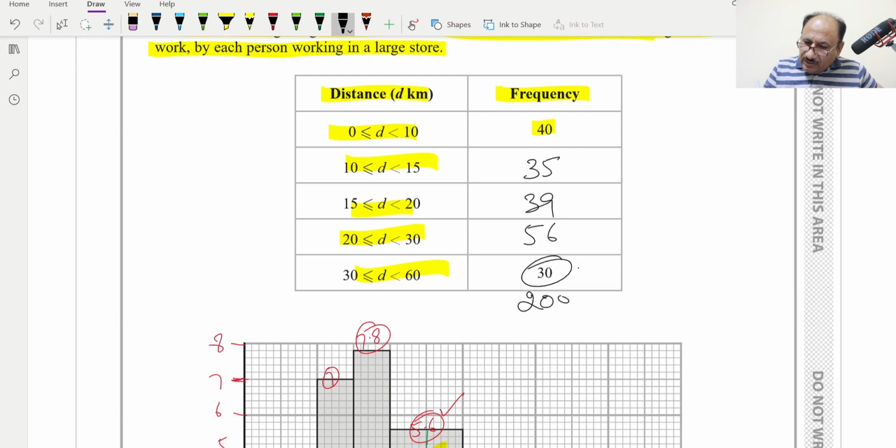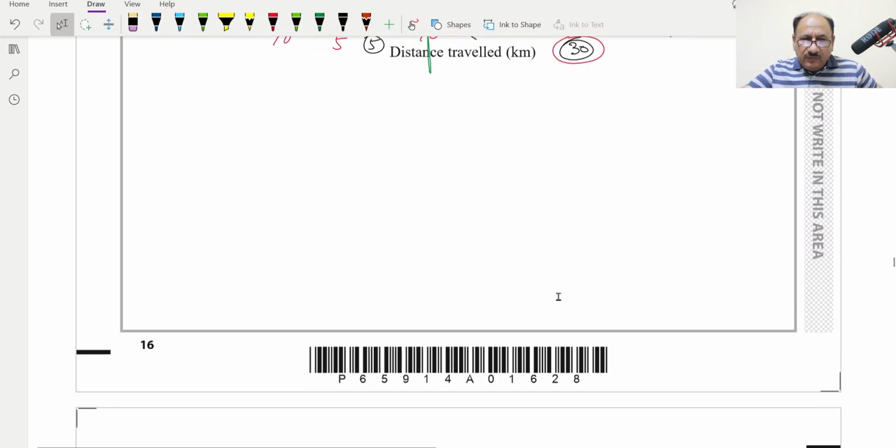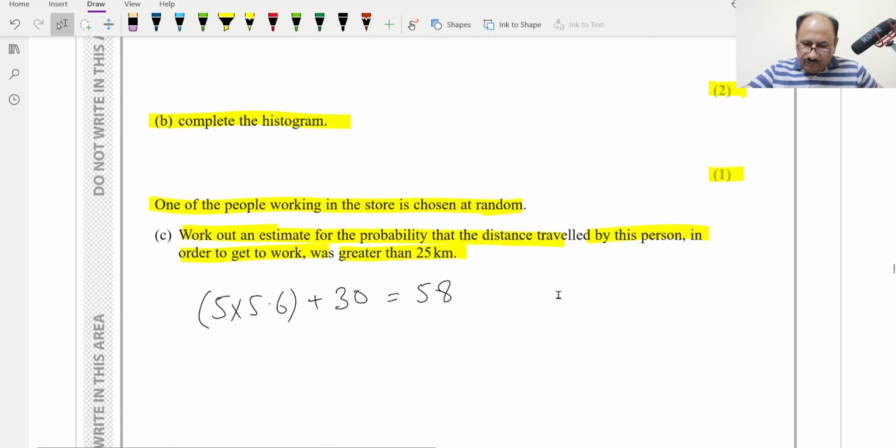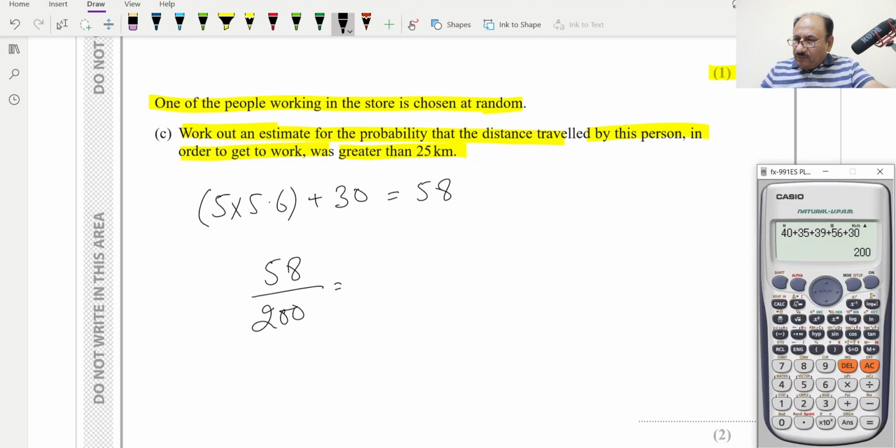So this is adding up to 200. So we can divide 58 by this 200, because the probability is 58 out of 200, and this will be equal to what?